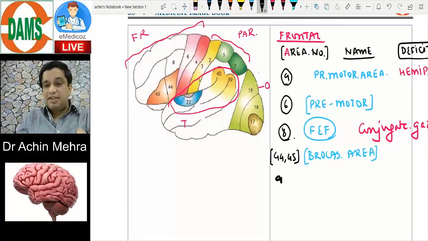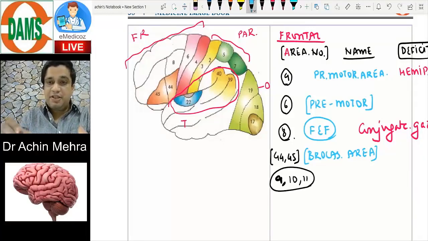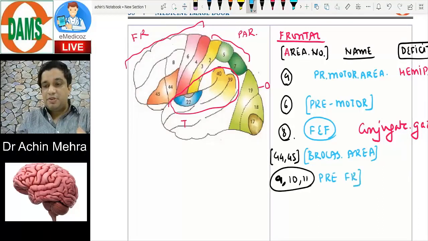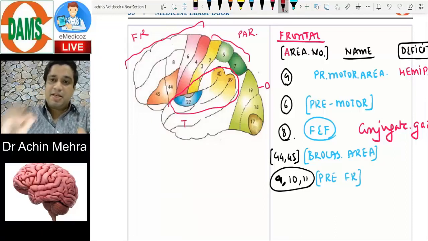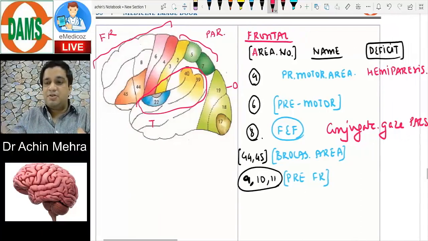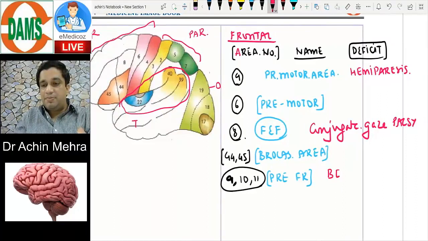Area number 9, 10 and 11, not described in all the textbooks, is your prefrontal area. And if there is a lesion in the prefrontal area, what do we find? We find something wrong in the personality of the patient. That means the person has some kind of behavioral abnormality.